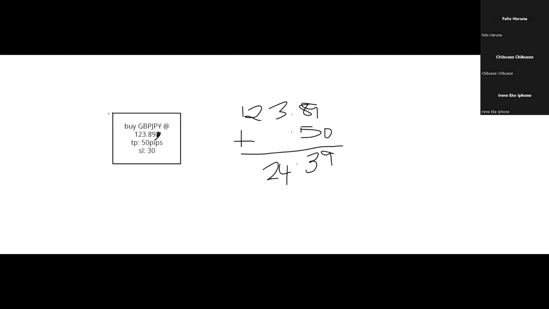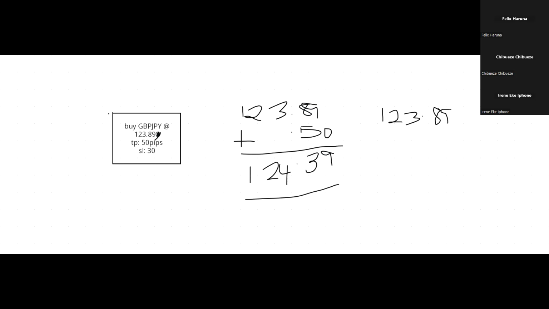So this would now be our take profit of 50 pips. Now our stop loss is 30 pips. Because we are selling, we are not going to do something like this again. 1, 2, 3.89.